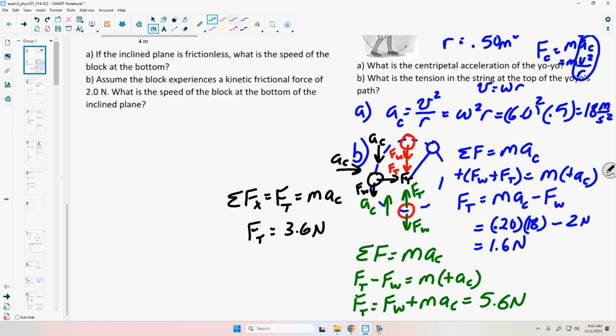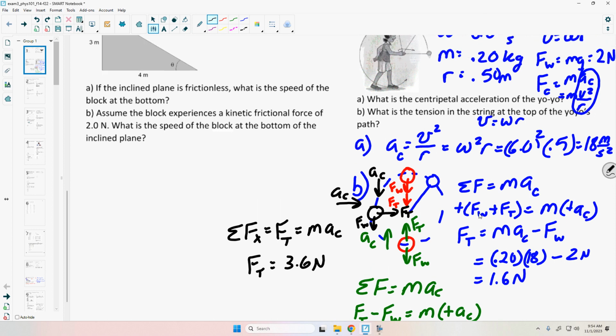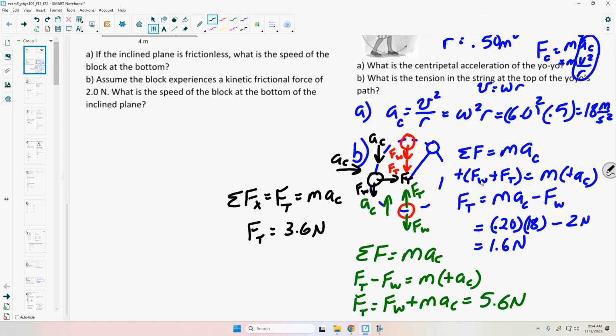Juliana, can you explain how you got that omega squared times r? Yeah. So we did that a couple days ago. We said that AC is equal to v squared over r. That is our centripetal acceleration. However, we can relate our linear quantities to our angular quantities in this way.